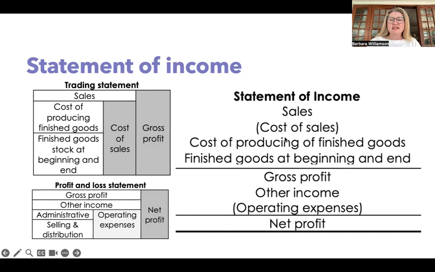Notice that the cost of sales calculation will be your finished goods at beginning plus what you produced from your manufacturing statement, minus obviously any finished goods at the end. It's your normal straightforward periodic inventory calculation that you would have done for cost of sales if you'd bought the stuff, except now you're just using finished goods instead of inventory bought. The rest of it is exactly the same.